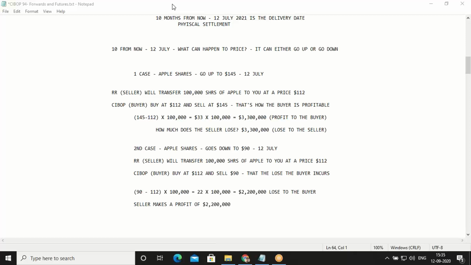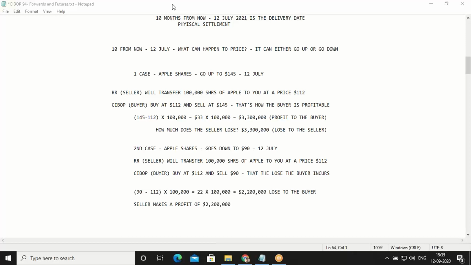Sorry to interrupt, sir. Can you tell where do investment banks come into play between all this? So the investment bank can act as a broker. If you come to me, Vatsal, I can find, let's say, Nikhil as your counterparty to the trade, or I can enter into the contract with you myself.